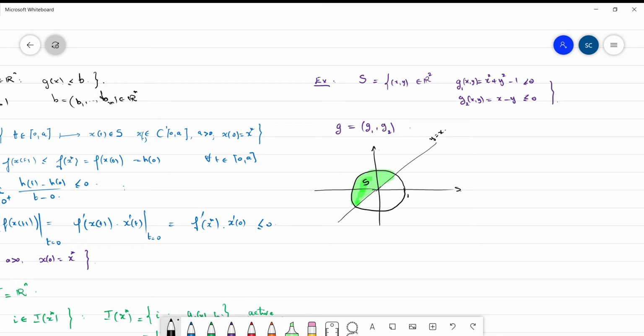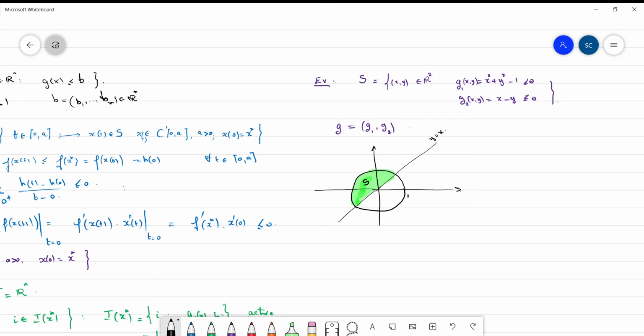Now let's consider, for example, the cone of visible directions of a point inside the set. Inside the set, I can consider the point (-1/2, 1/2), for example.